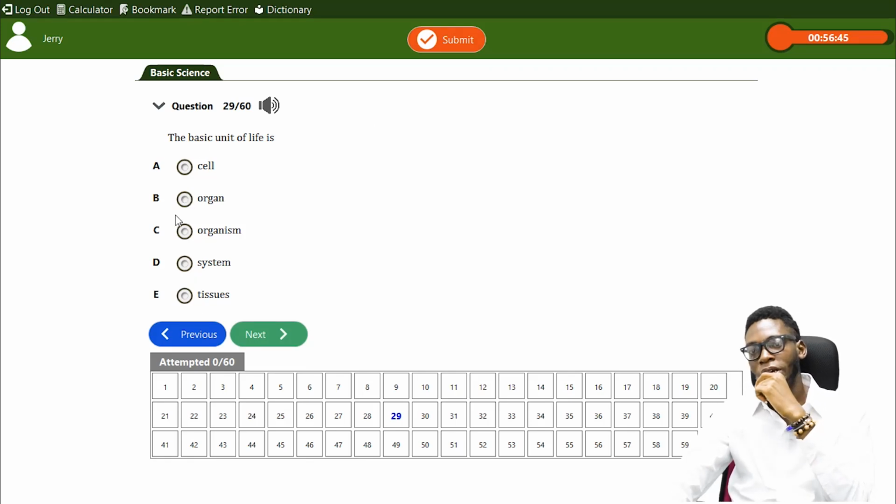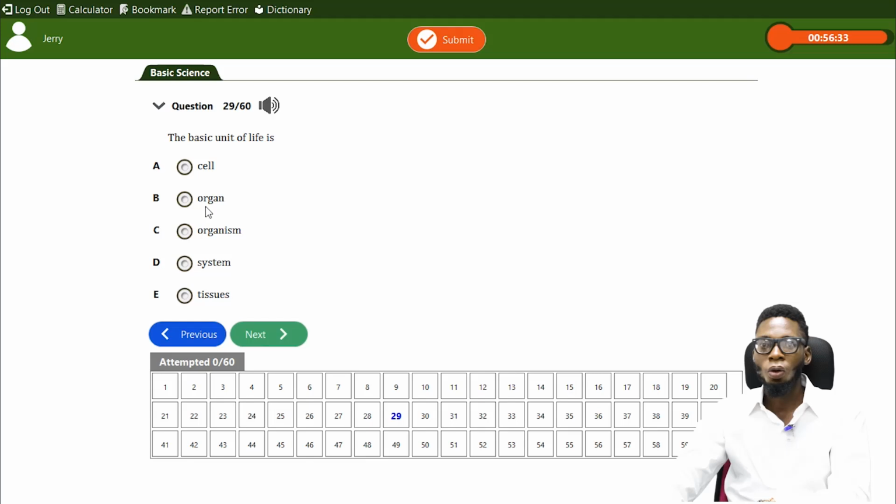Option A is cell, option B, organ, option C, organism, option D, system, and option E, tissue. From our lesson today, I mentioned that the cell is the basic unit of life. So the answer is A.